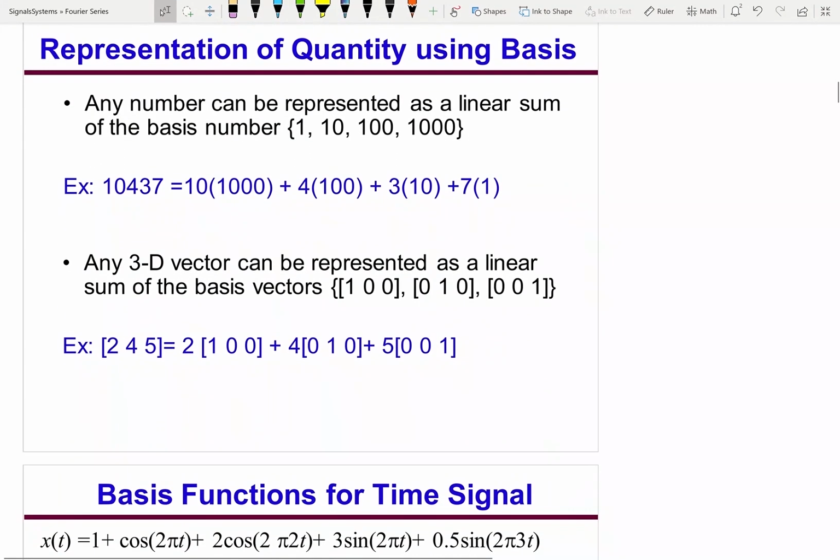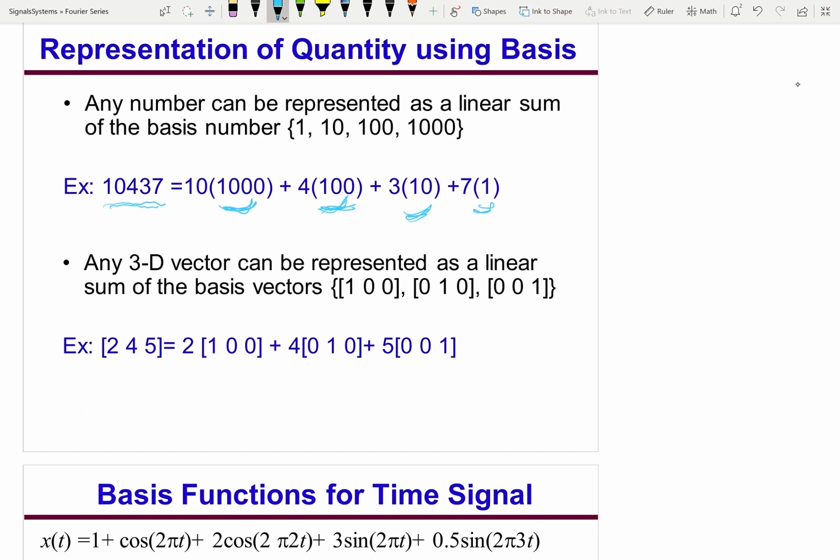Now the Fourier series, we said, decomposes a periodic signal into a summation of sinusoidal functions of different amplitude and different frequency. And this concept is not strange to us, because if you look at this example, if I give you 10,437 and I told you the basis functions are 1,000, 100, 10 and 1, so I can represent 10,437, or any number, as a linear sum of these basis functions.